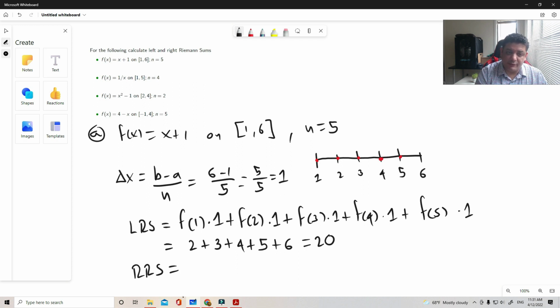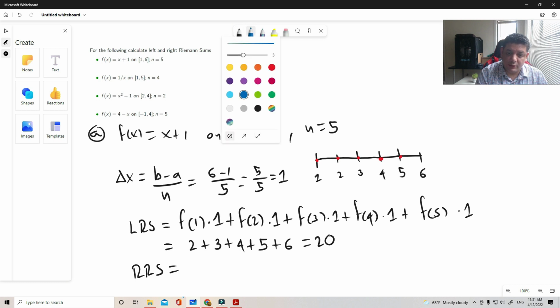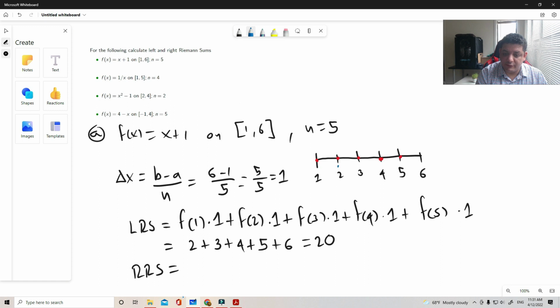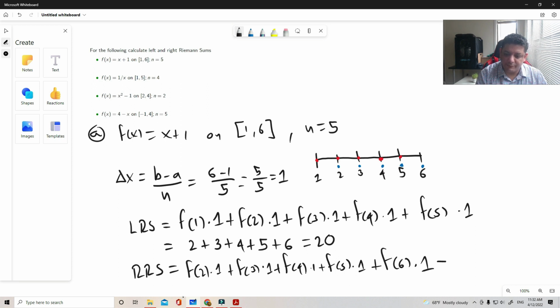Now for the right Riemann sum, we're going to use different points. Since we're going to start from the right side, we're going to use 2, 3, 4, 5, and 6. And so given those points, we have f of 2 times 1, f of 3 times 1, f of 4 times 1, f of 5 times 1, and f of 6 times 1.